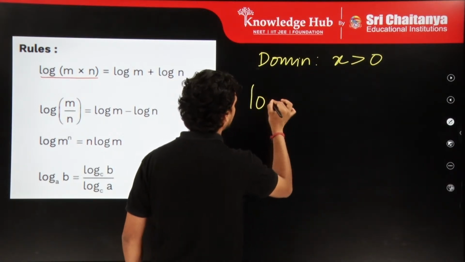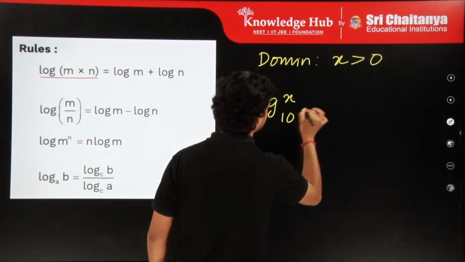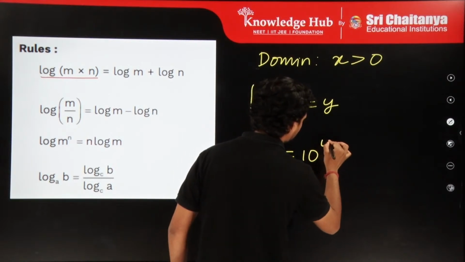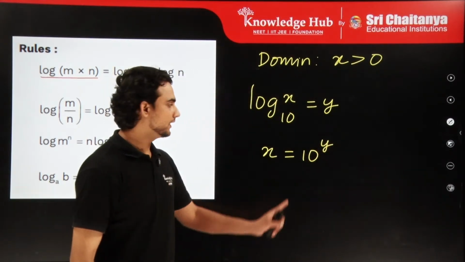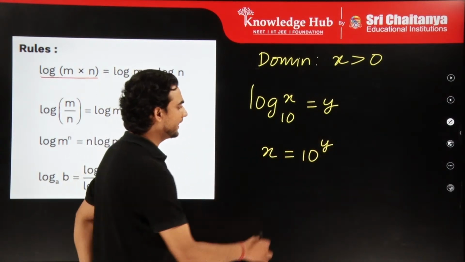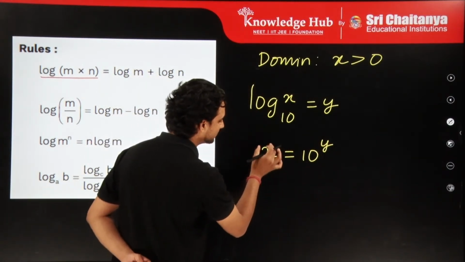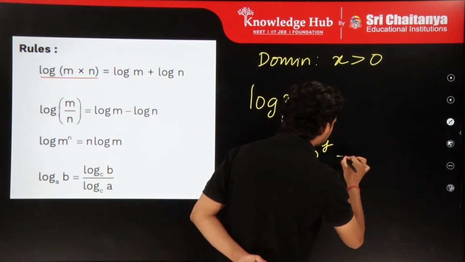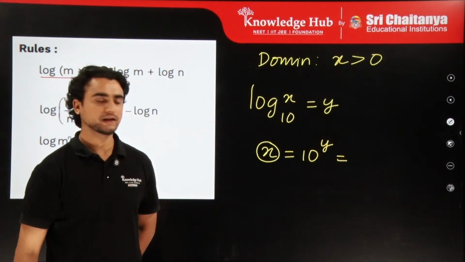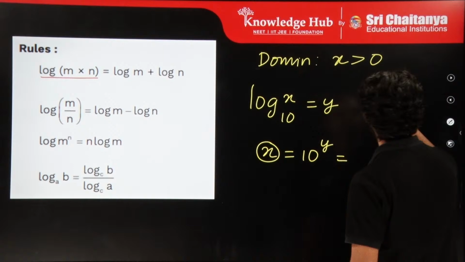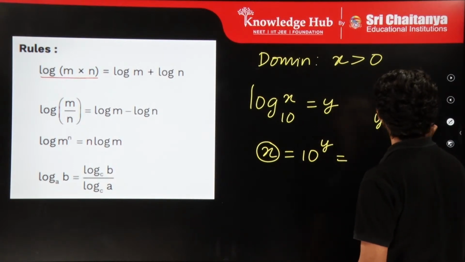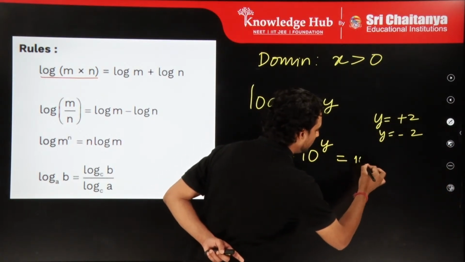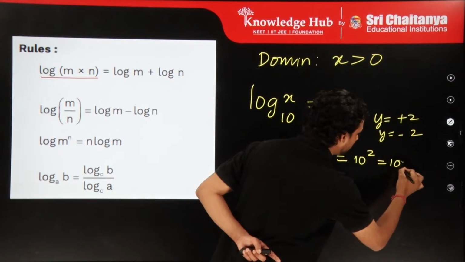So let's say I write log x base 10 is equal to y, right? So x is equal to 10 raised to y. Now y can be anything. Now let's talk about x. If I take y as some positive number, plus 2, I'll get 10 raised to 2, that is 100, a positive value.